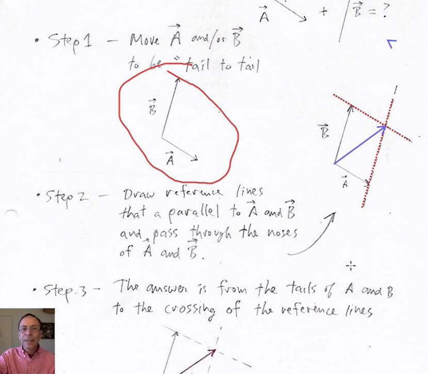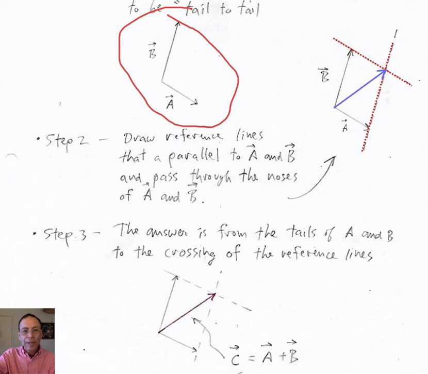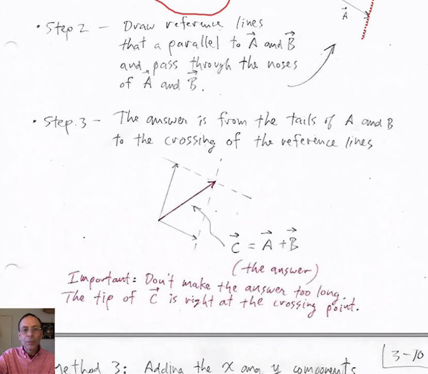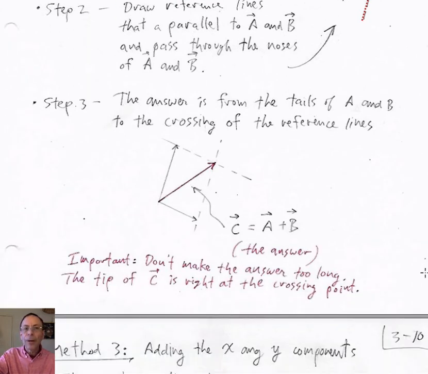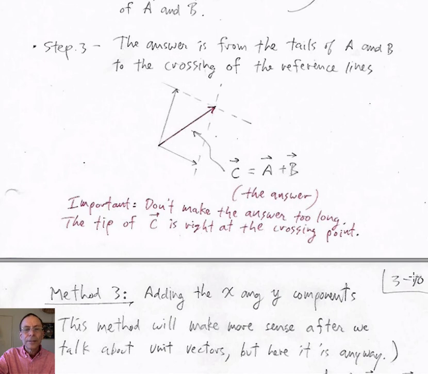Okay. So now we are going to have one more method. Important point here. Many of my students make the mistake of drawing the answer too long, like they'll do this. I take points off for that.